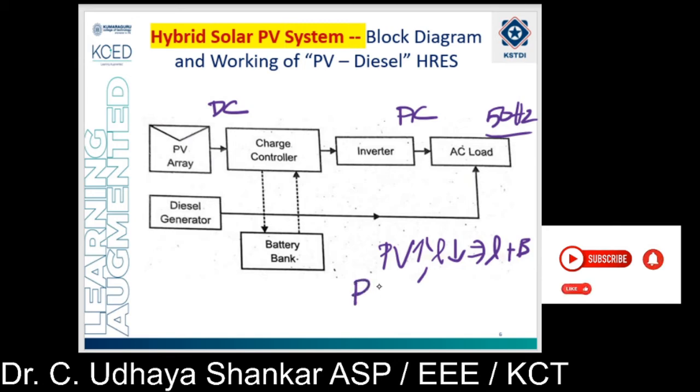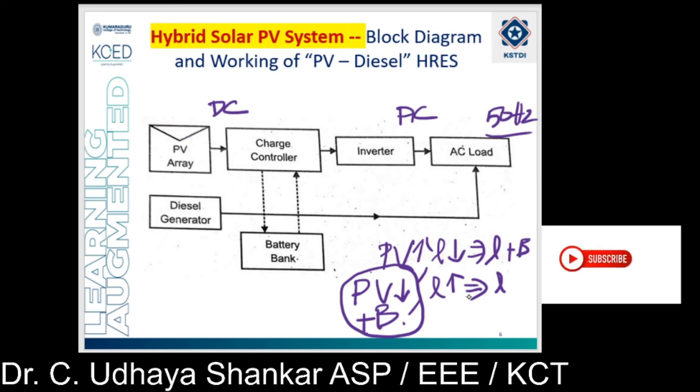But sometimes the PV becomes less and the load becomes high, and therefore PV plus battery will be supplying the load. So this is the second case.